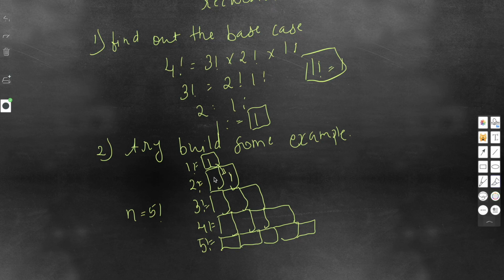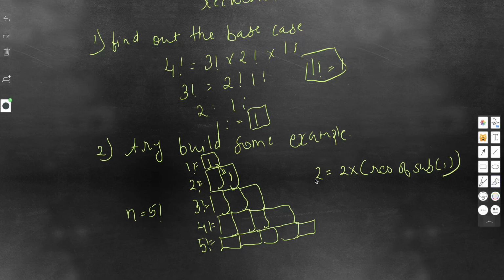What is 2 factorial? If you see here, 2 factorial is equal to 2 into the result of the sub problem, that is 1.